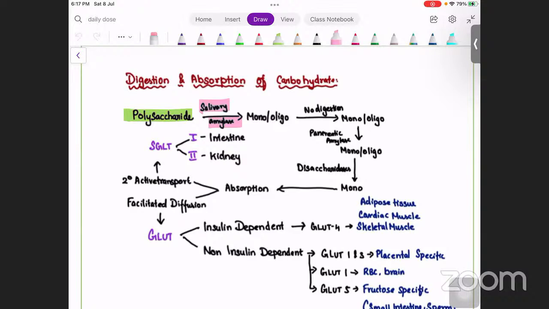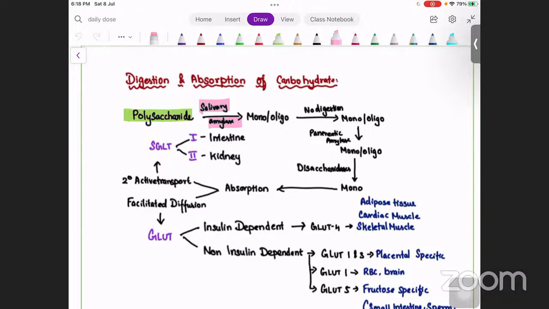You chew it in your mouth, and your mouth contains the enzyme. We studied that in digestive physiology: it is salivary amylase or ptyalin. Ptyalin breaks the polysaccharides into mono and oligosaccharides, and then these pass down to your stomach.